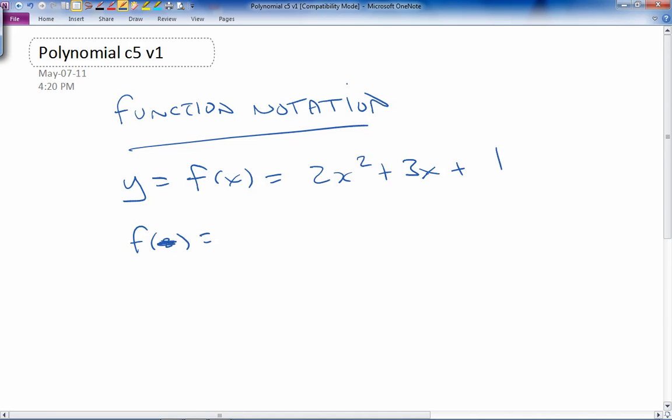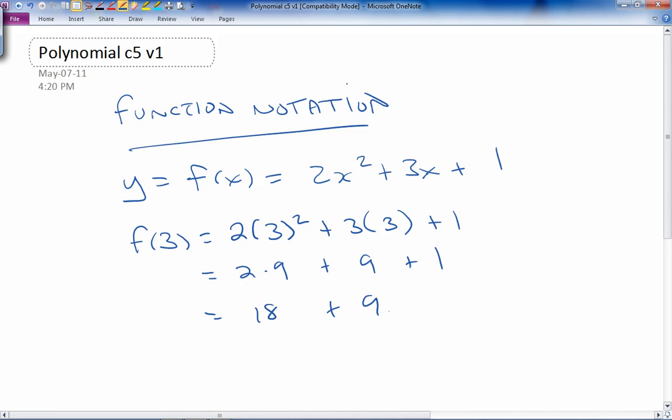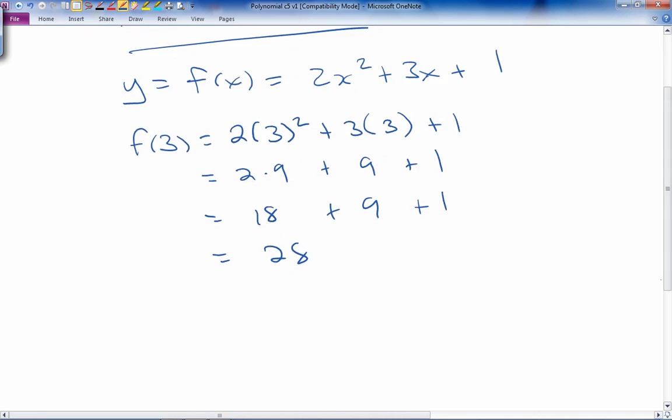Actually, I use 2 too often, so I think I'll use 3. 2 times 3 squared equals, and we can just simplify. So that's one of the things we did. We could also do more complicated things.